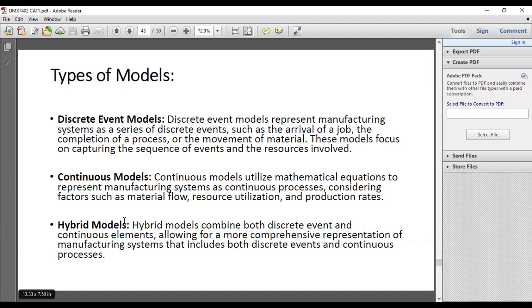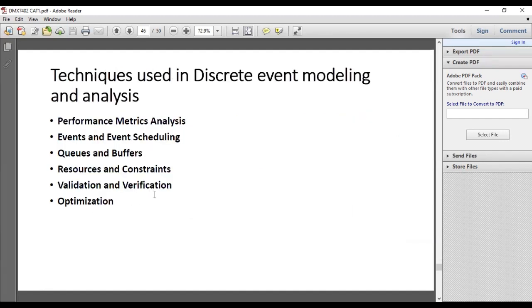And hybrid models are a combination of these two. We will work on this later on. So just remember these types of models: continuous, discrete, and hybrid models.